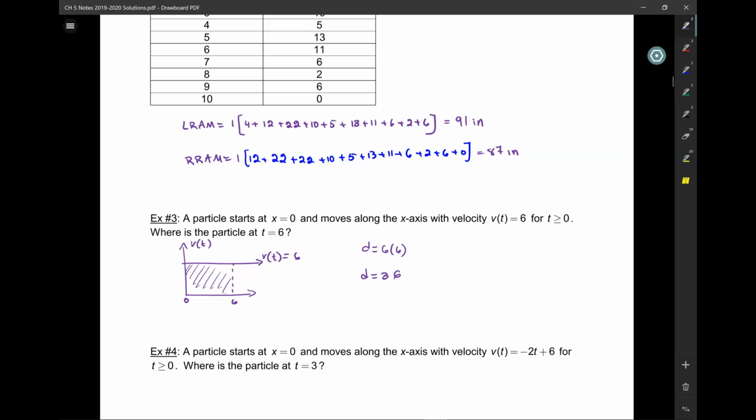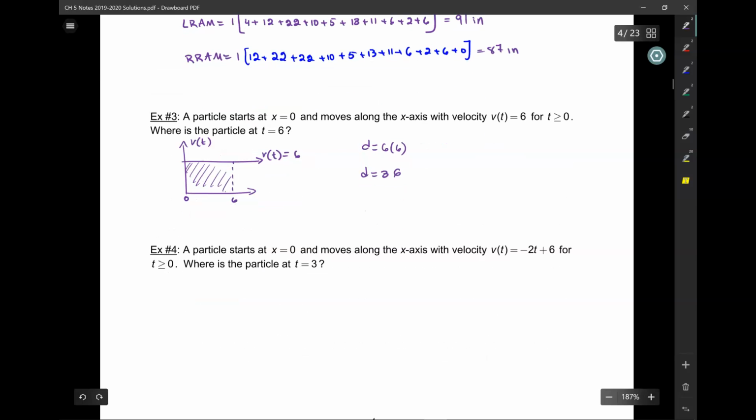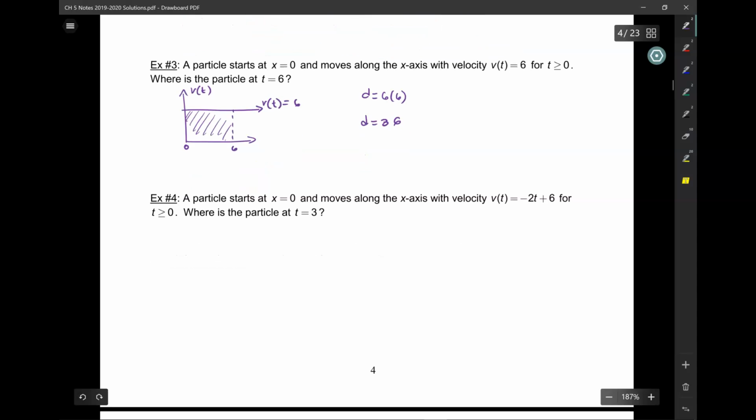Now, what if it's not so simple? What if a particle starts at 0 and moves along the x-axis with a velocity of negative 2t plus 6? Now it's a different function, right? It's a linear curve, okay?